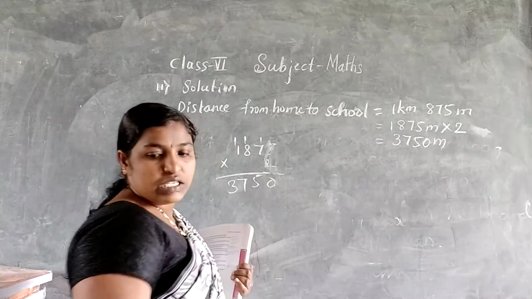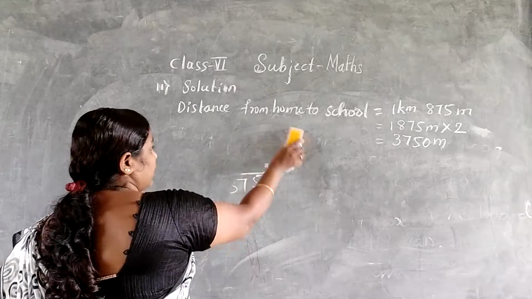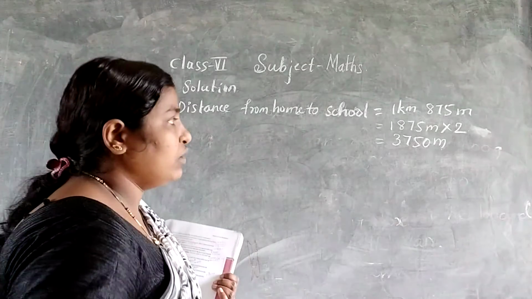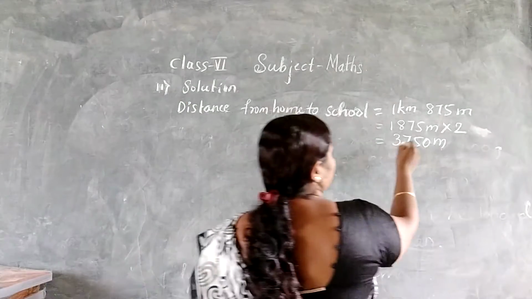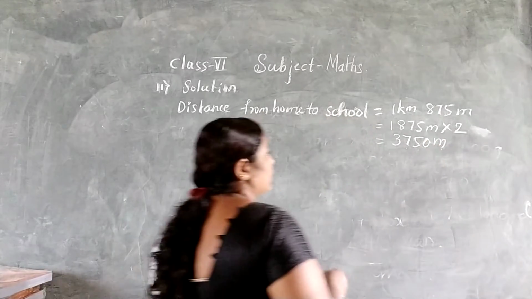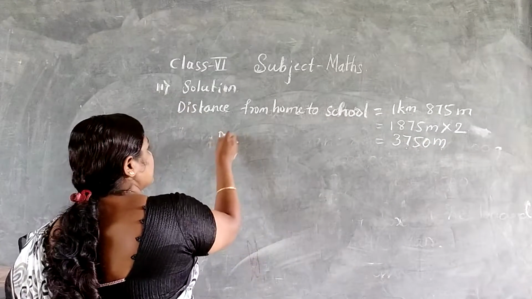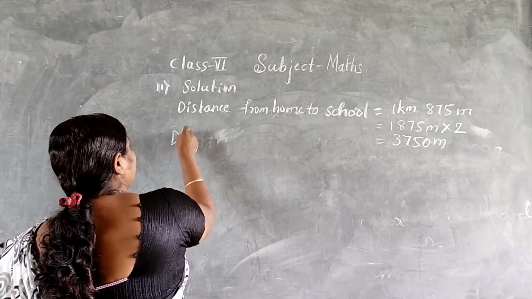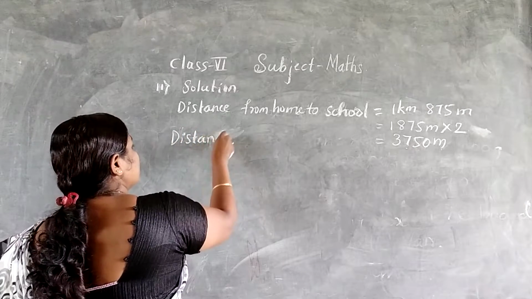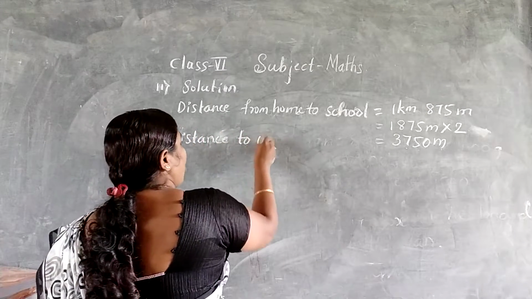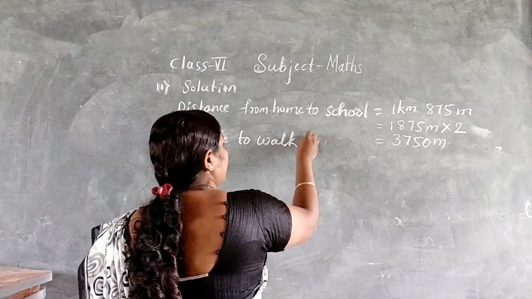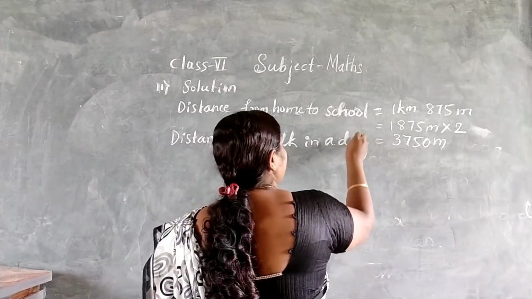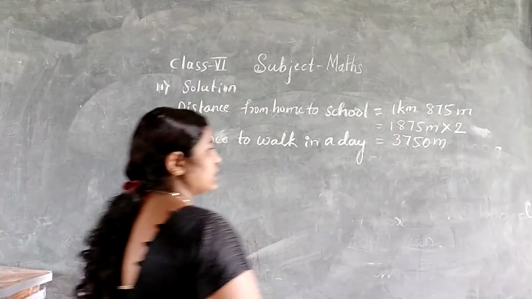So the distance both ways, morning and evening, is 3750 meter. This is the distance to walk in a day. In 1 day she has to walk this much distance.